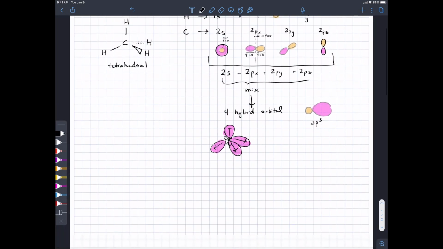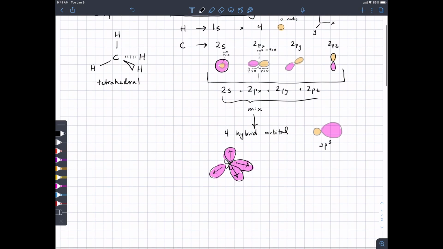So far, so good. Therefore, Pauling envisioned that each bond in methane would come from an sp3 orbital on carbon with a 1s orbital on hydrogen.